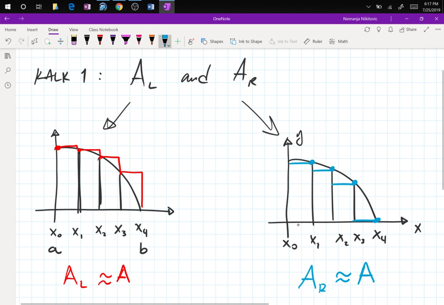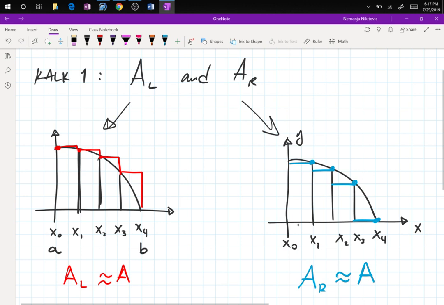So looking at this method, it has a lot of error. That's error, that's error, that's error, right? The red side, the left one, overestimates the area by a lot because this is almost double. The error is as much as the actual space. That's terrible.